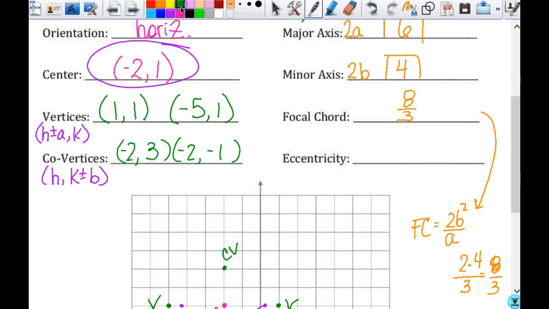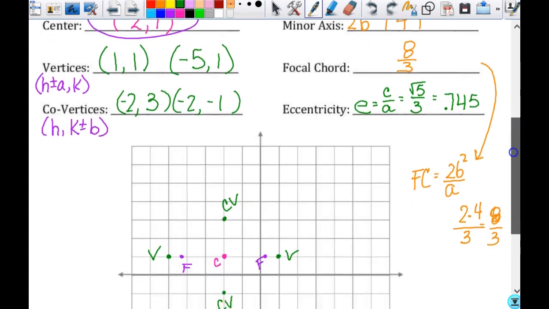The eccentricity, what is that? That is c over a, right? What is c? Square root of 5 over 3. And then you don't really do anything with that number except it tells you how circular or non-circular it is. So it's 0.745. Just want you to understand that it exists.